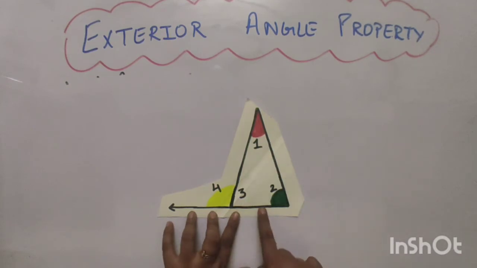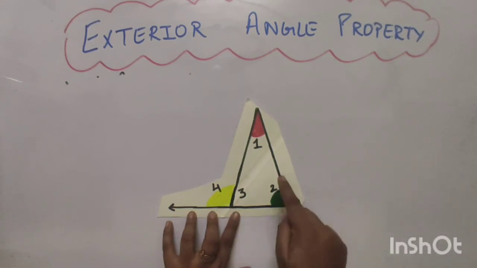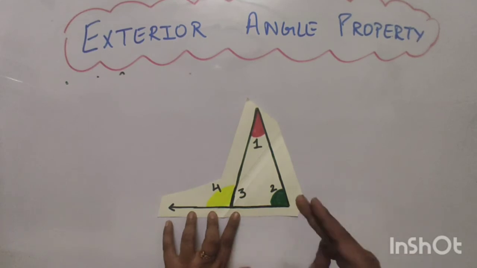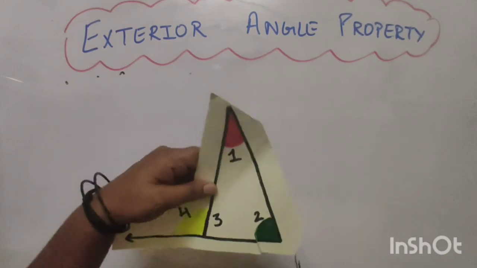Here you can see that angles 1, 2, 3 are in the interior region and angle 4 is in the exterior region. Now I have to prove whether the sum of these two angles is equal to angle 4 or not. For this, again I am going to use my scissors to cut these angles, angle 1 and angle 2.